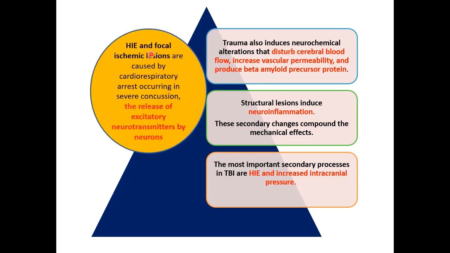So it is to be noted that the hypoxic ischemic encephalopathy and focal ischemic lesions are caused by cardiorespiratory arrest occurring in severe concussion, as well as by the release of the excitatory neurotransmitter, which is particularly glutamate, by the neurons in the synaptic cleft.